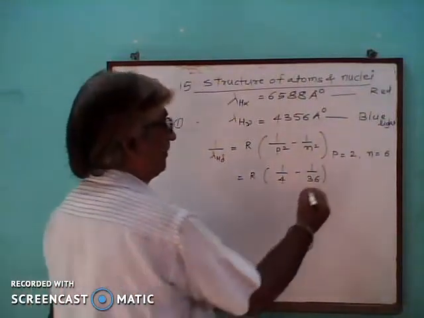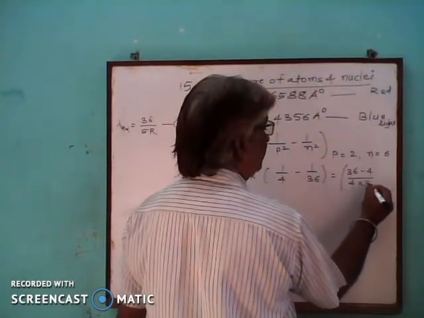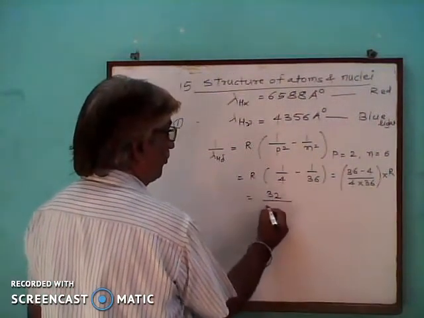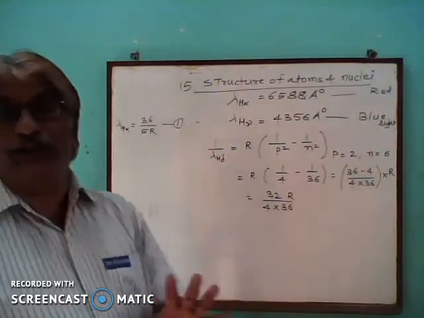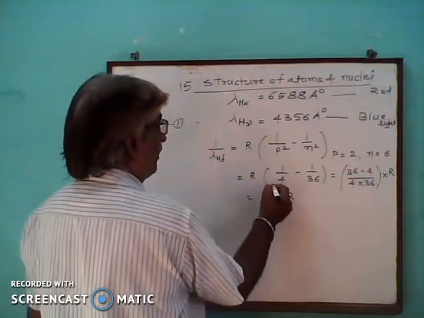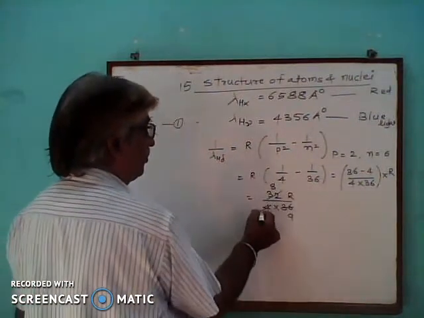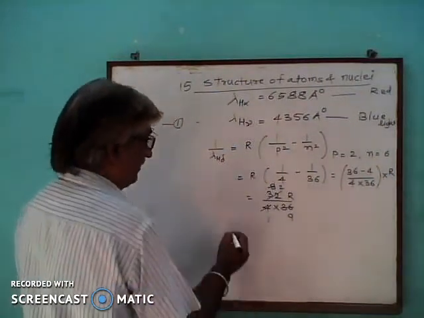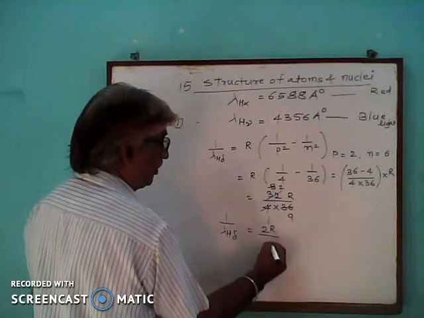Taking cross multiplication, 36 minus 4 upon 4 multiplied by 36, into R. That is 32R upon 4 multiplied by 36. 4 8 the 32 and 4 9 the 36, so 1 upon lambda H delta is equal to 2R upon 9.